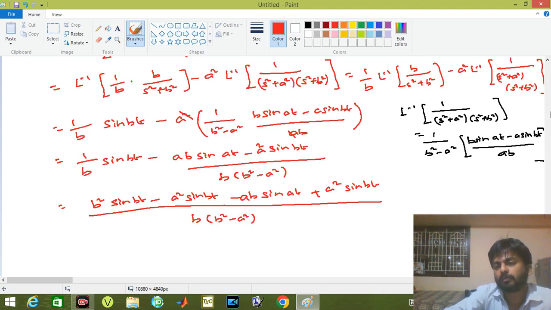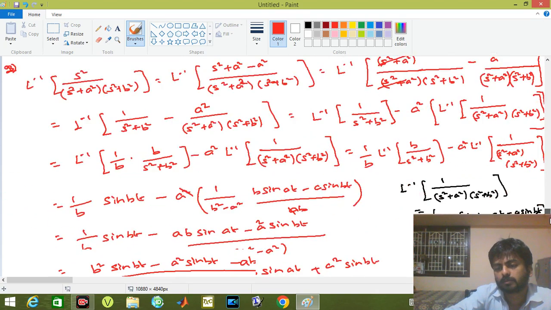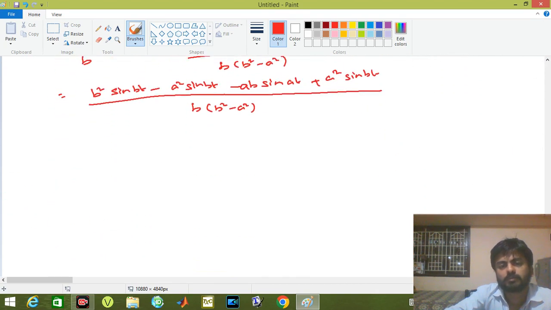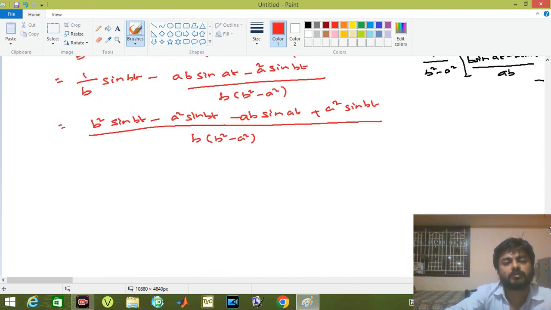Now the two terms will get cancelled. That is minus a square sin bt, and this plus a square sin bt will get cancelled.